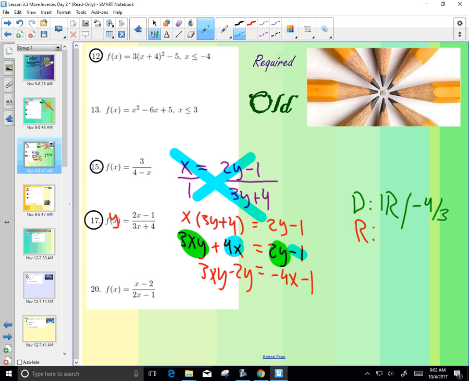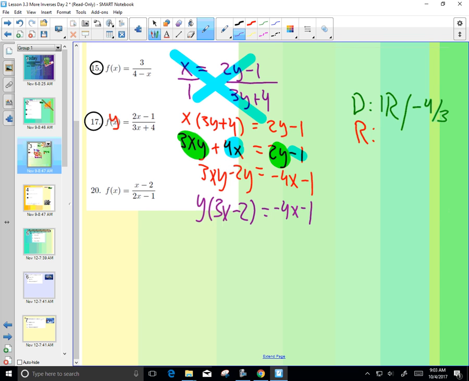Take out a y, and what do you get? 3x minus 2. And now I can solve it. y is equal to negative 4x minus 1 over 3x minus 2.